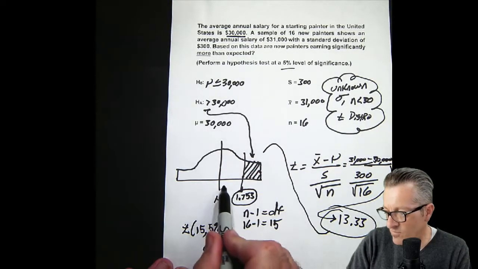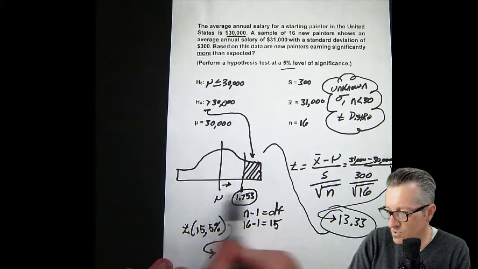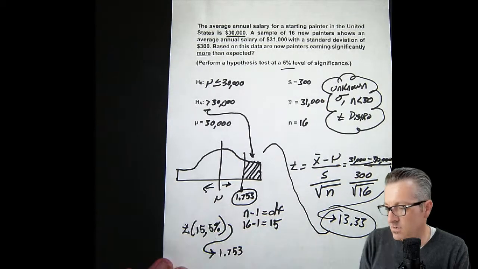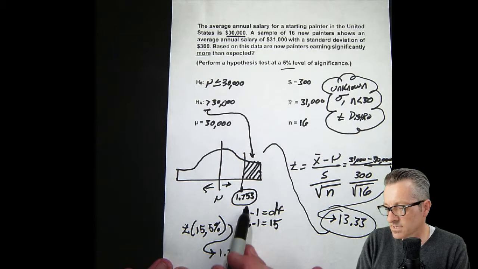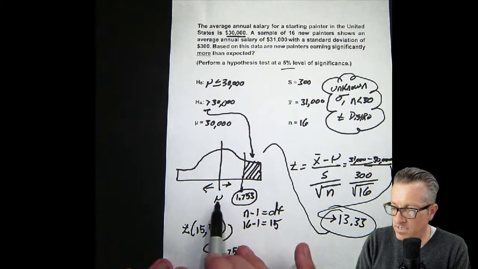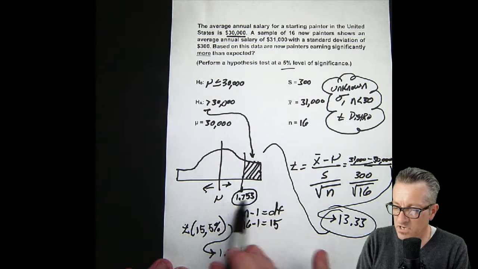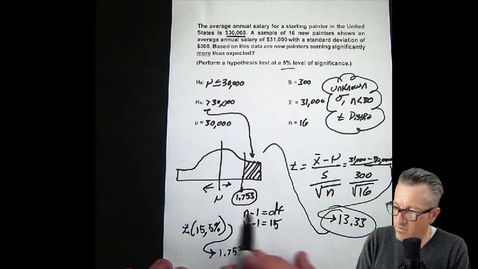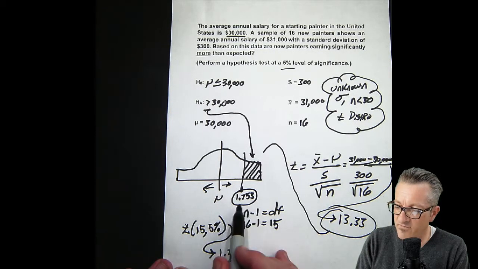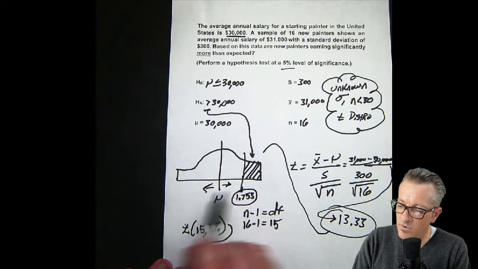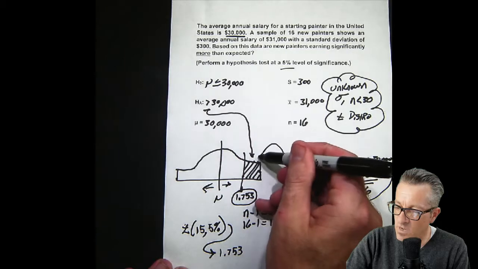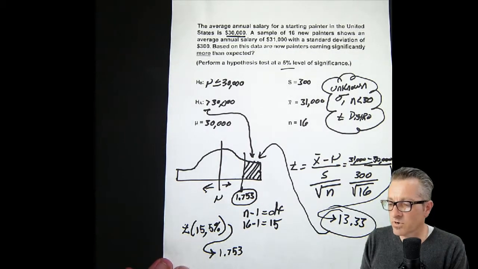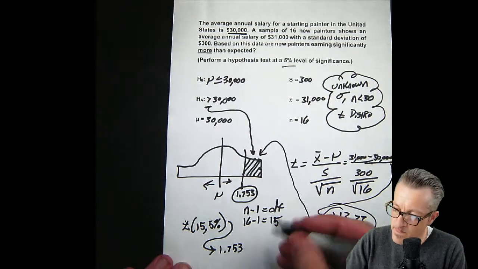Now, as we move away from mu, our t-score increases, the number of standard deviations in this case away from the mean. So our score that we got off the table, 1.75, increases as we go either to the right or to the left. So this obviously is way into the tail.